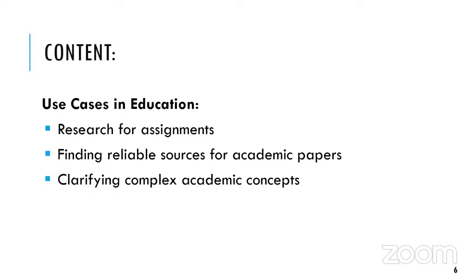Sometimes you're in the class and your professor will mention a particular academic term, keyword, or concept, and you're wondering what she is saying. You can use Perplexity to drill down and learn more about that particular concept. I will show you some examples as we go ahead with this course.